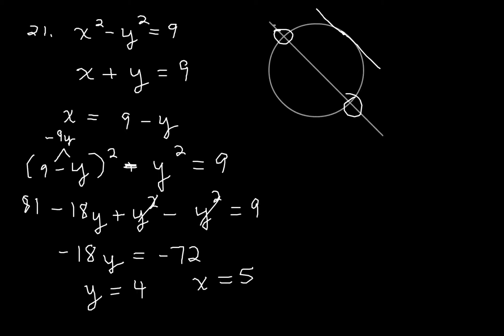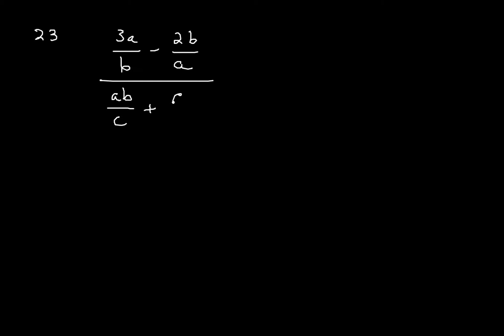All right, 23. I feel like you could get the rest of these pretty easily. 3a over b minus 2b over a, all over ab over c plus c over d.